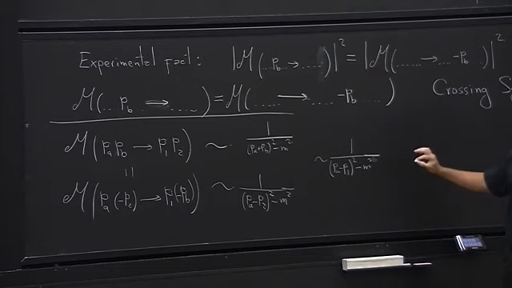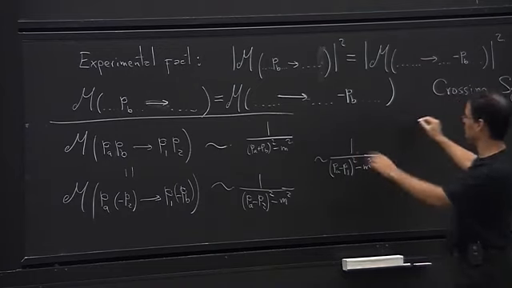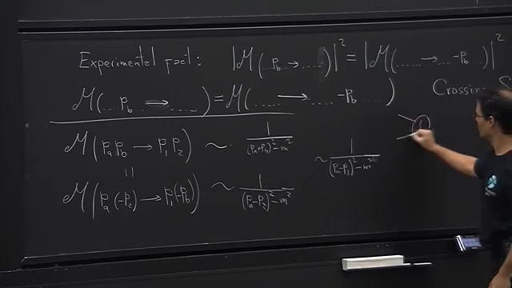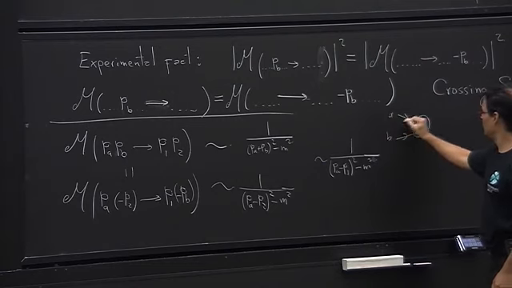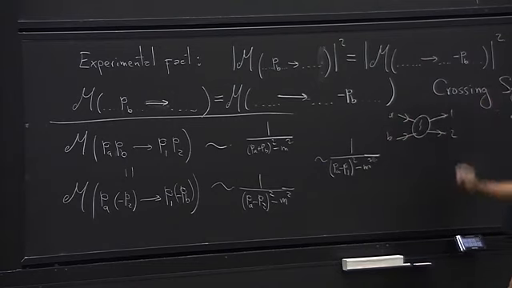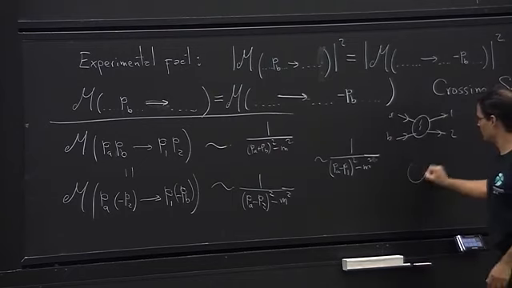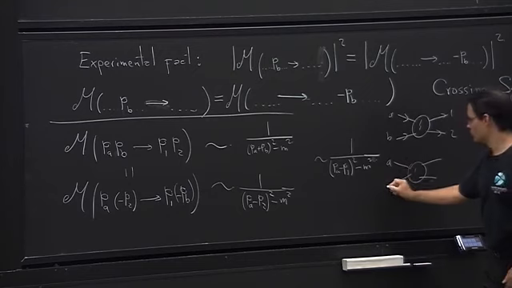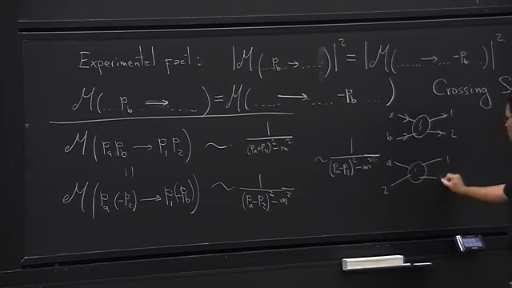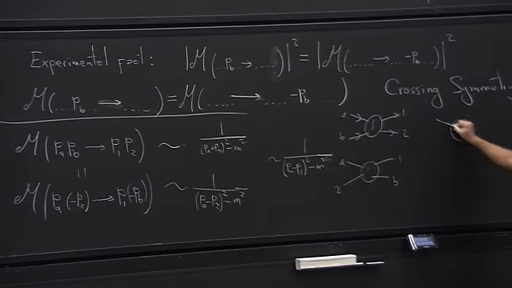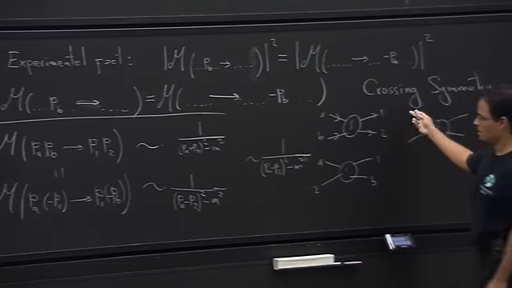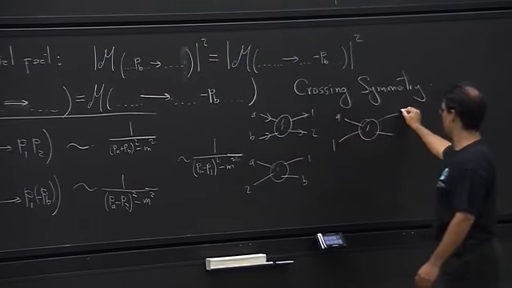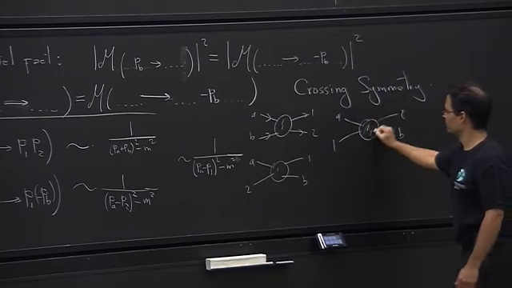Let me just draw what this looks like. So we have A and B, 1 and 2 coming out, or we also have here A and 2, 1 and B, or we also have A and 1, and 2 and B.